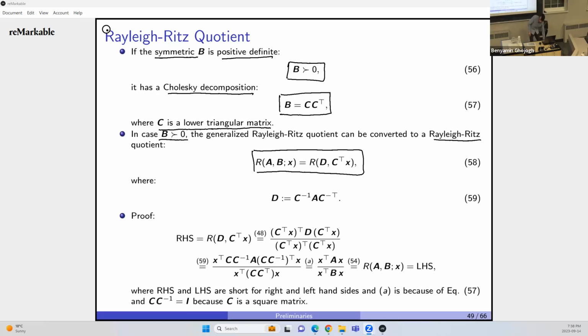The generalized Rayleigh-Ritz quotient of A, B, and x becomes the Rayleigh-Ritz quotient of D and C transpose x, where D is C inverse A C inverse transpose. By the way, you know what this means, right? Inverse the C and then transpose it, or vice versa.